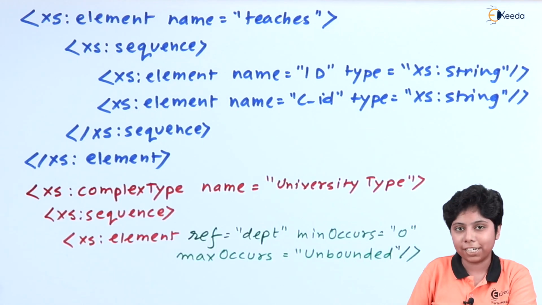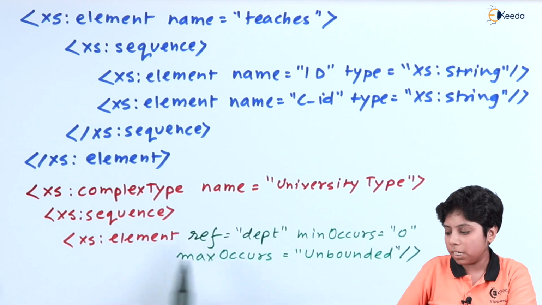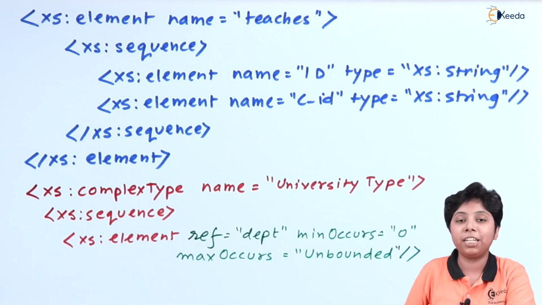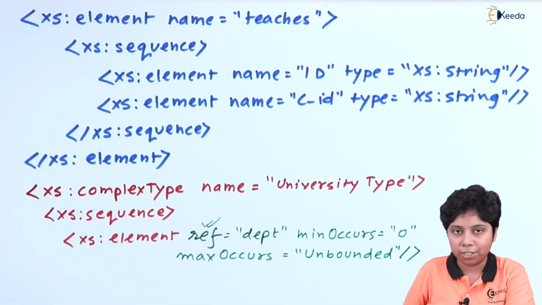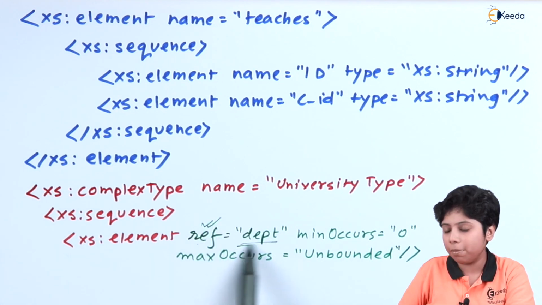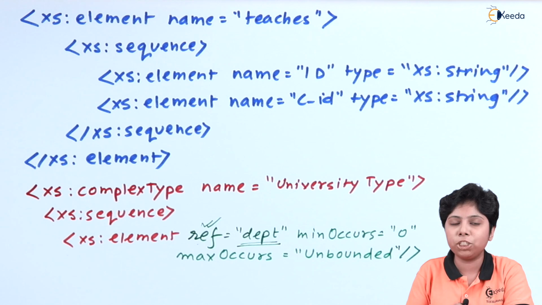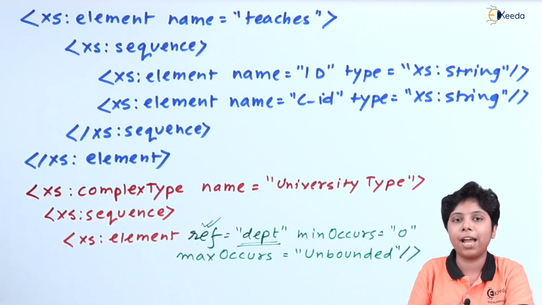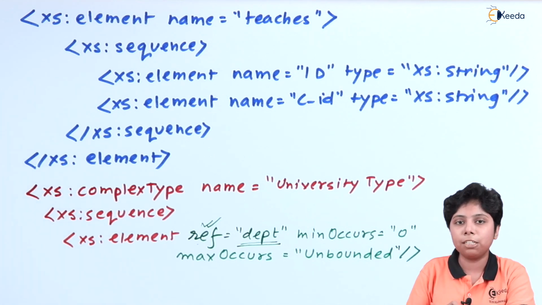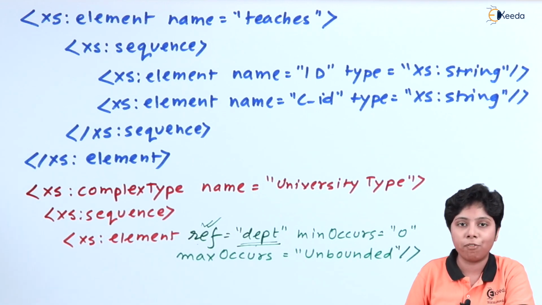Now let us look at this statement. Access element ref equals to department. Here I am mentioning the references. The keyword ref refers to how many times the department relation will be referred in the XML schema. It is not mentioning which key has been defined and which key has been referenced, but how many times department will be mentioned or referenced.